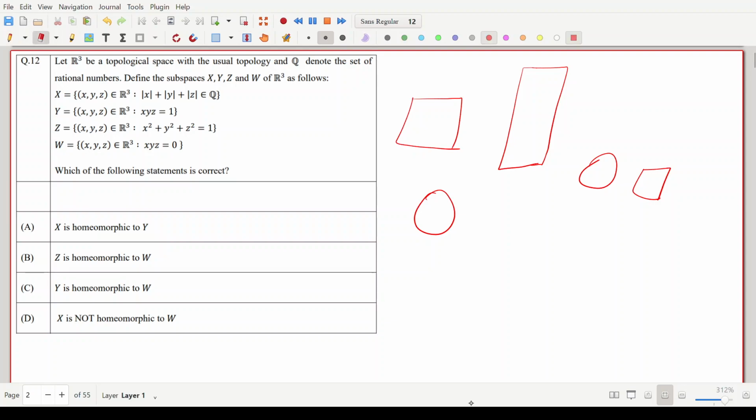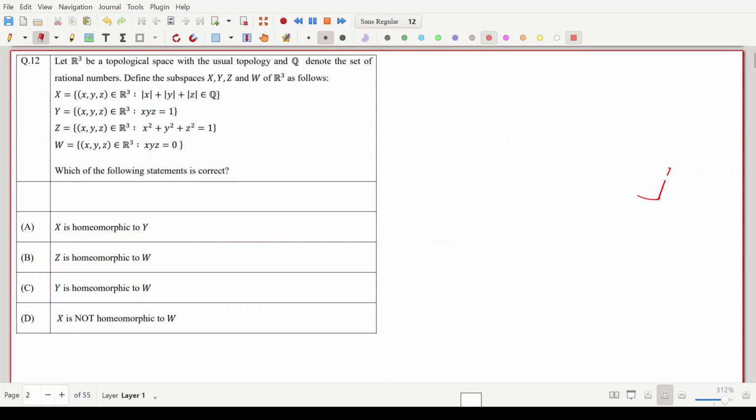And if you try to see the mathematical definition, then you should be able to find a function from the set x to y. See, if I am saying x is homeomorphic to y, that means I should find a function from x to y which is bijective, and it should be continuous, and the inverse f inverse should also be continuous.